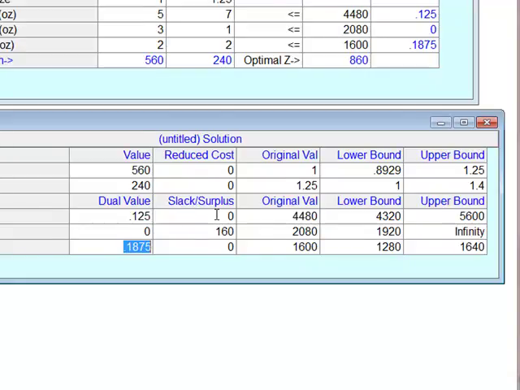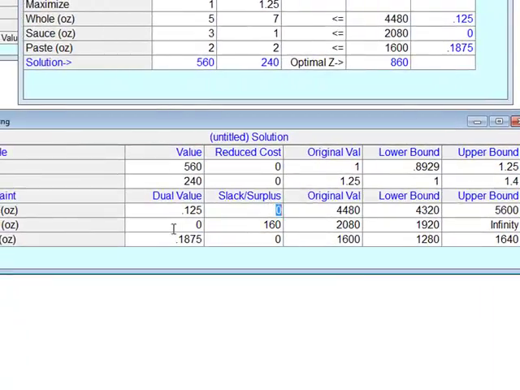So we've run out of, if I make 540 jars of Western salsa and 240 jars of the Mexico City salsa, I will run out of whole tomatoes. I will run out of the 4,480 ounces of whole tomatoes that I have.